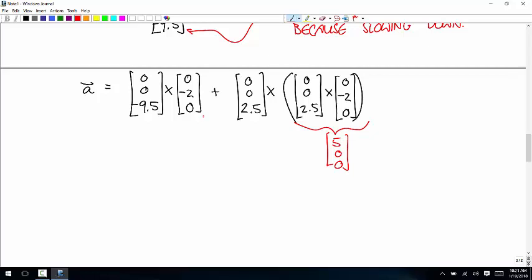And this one is -17, 0, 0. And so the total acceleration is -17, I think positive 7.5, 0.